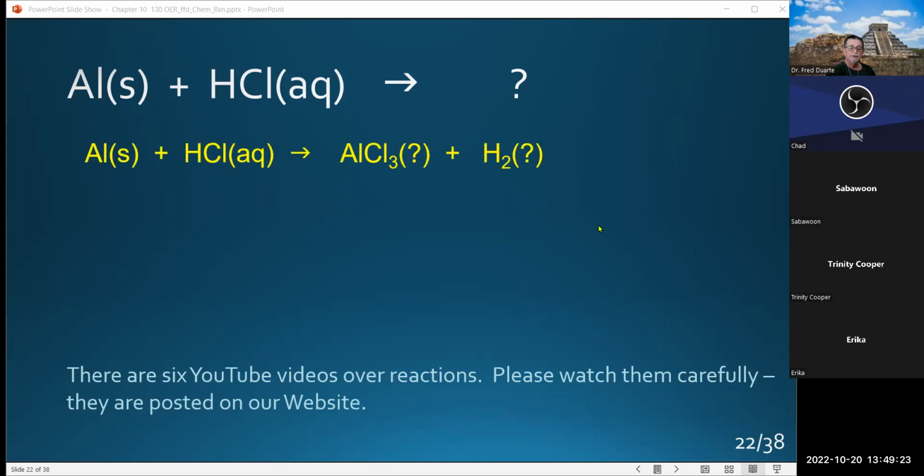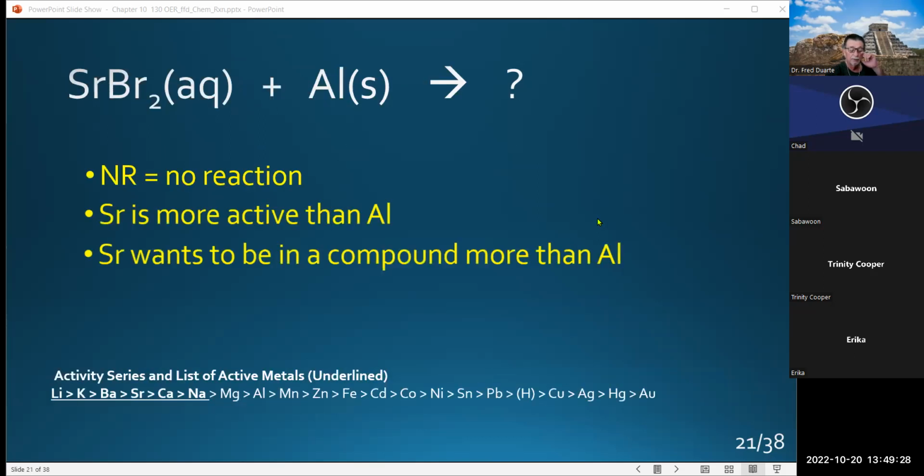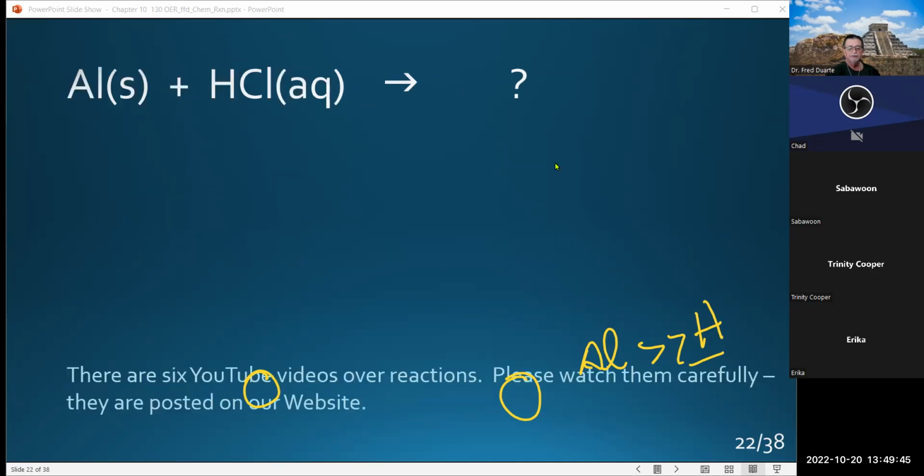the answer is yes, okay, because aluminum, let's go get the periodic table. Aluminum is right here, hydrogen is right here. So aluminum is a lot more reactive than hydrogen, okay? And then question number 2, is the most reactive metal in ionic form, okay?